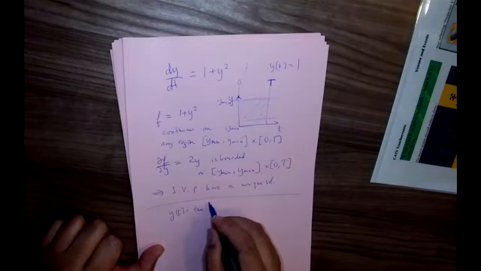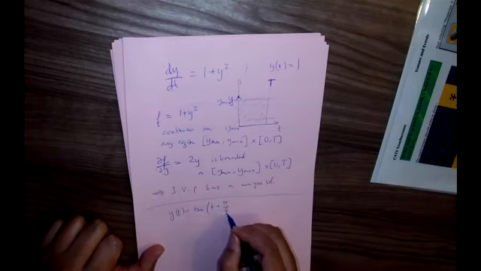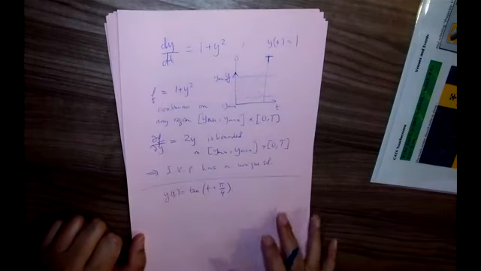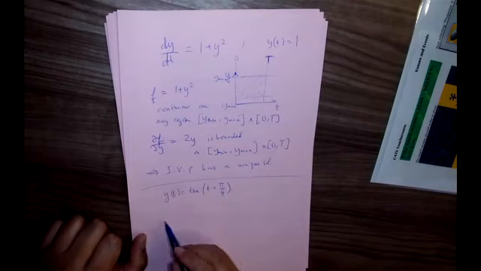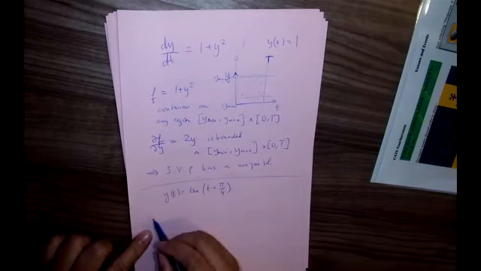So how do you verify this is a solution? Just substitute it in. Just plug it in. Yeah? So if you plug it in, then you get dy over dt.